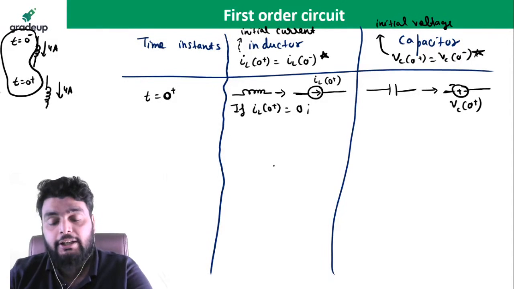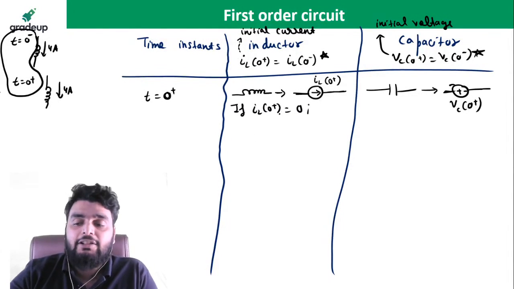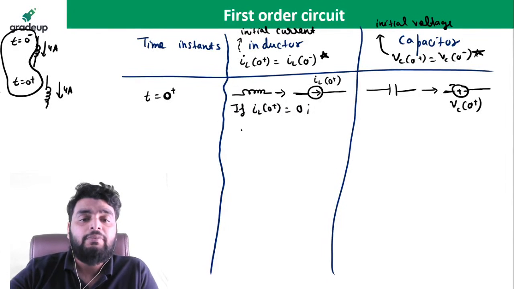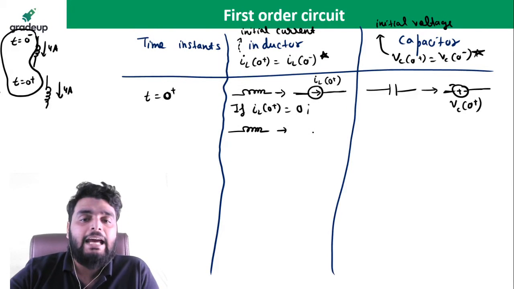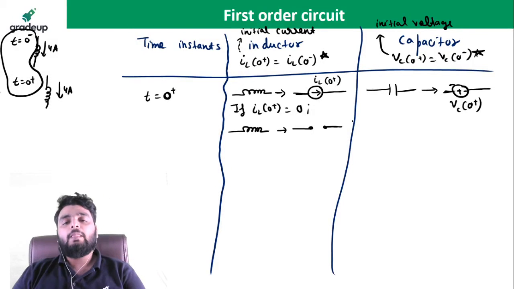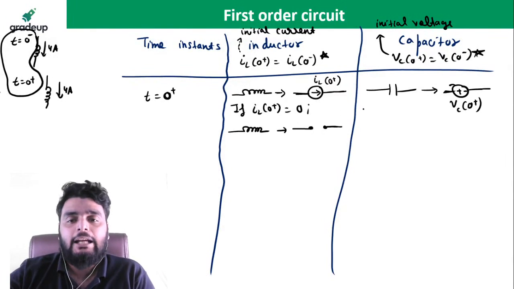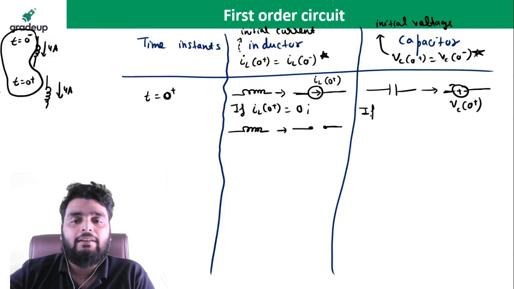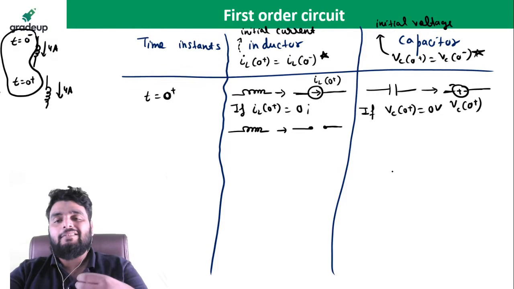If the question mentions the inductor is not charged initially, or that the inductor current is 0, then think: if the magnitude of a current source is 0, that current source will act like an open circuit. Yes or no? So the inductor will act like an open circuit.